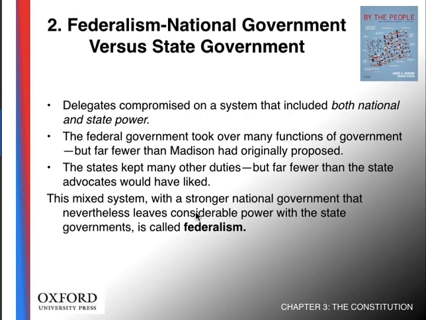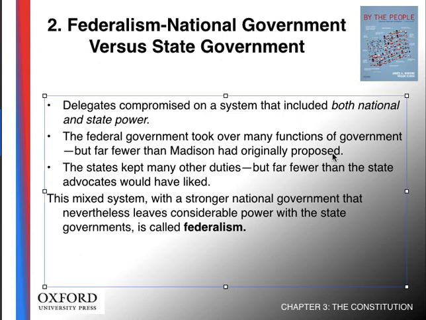The second challenge or argument was deciding how much power the federal government should have and how much power the state government should have. They came to a compromise on a system that included both national and state power. The federal government took over many functions of government, but according to Madison, it was not quite enough.